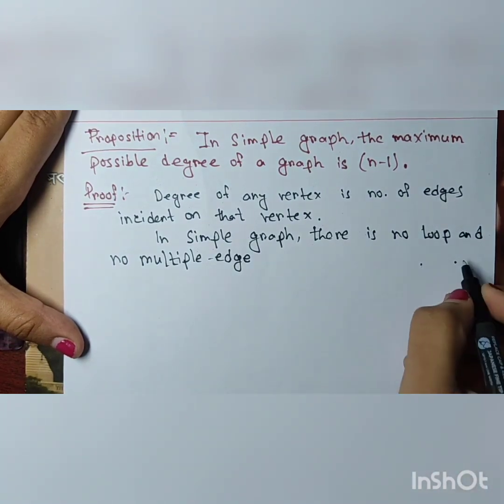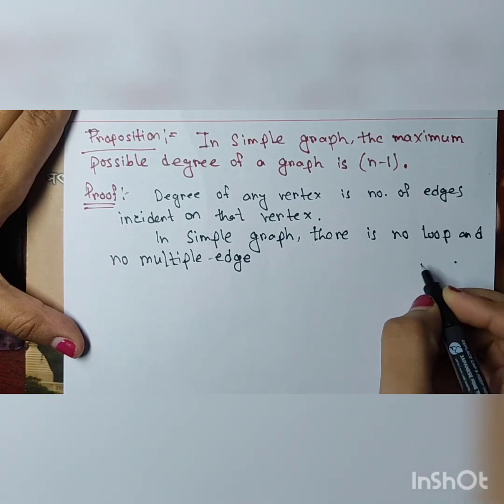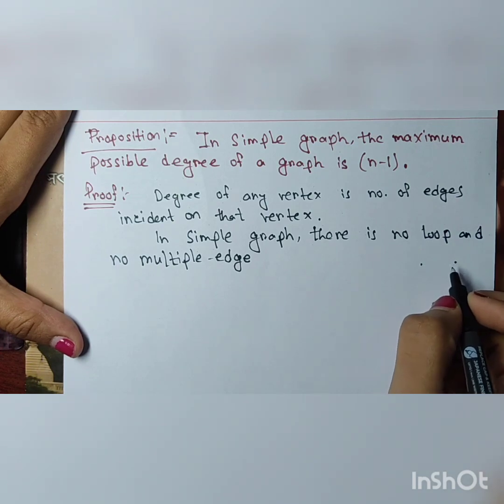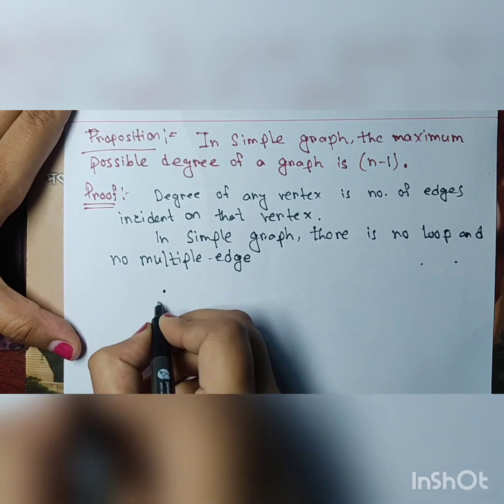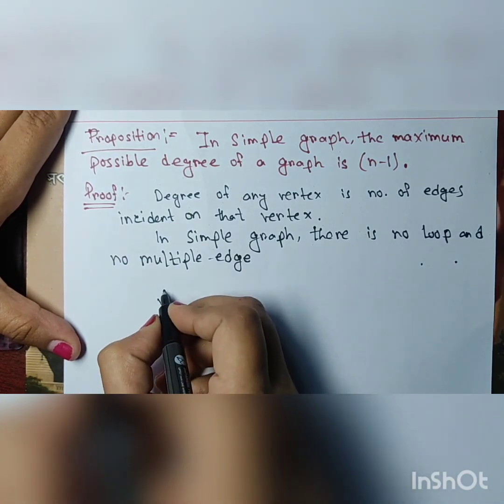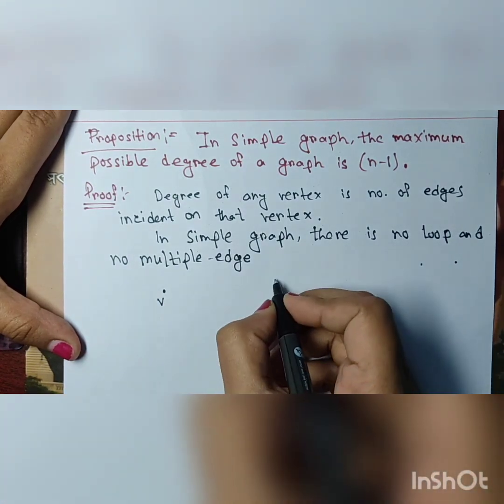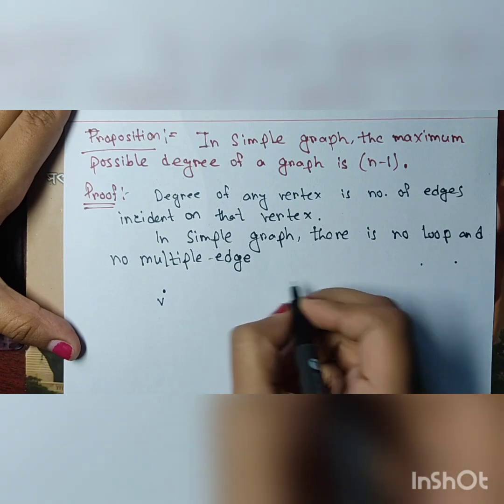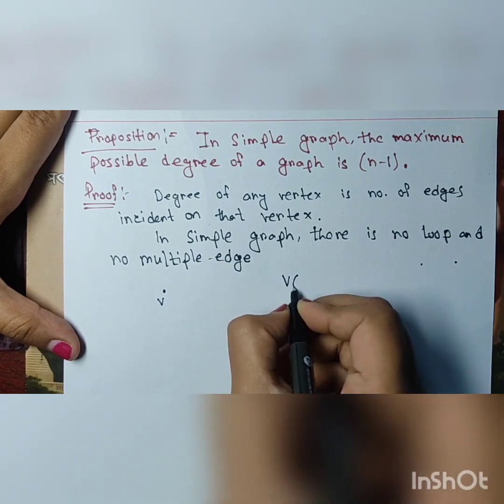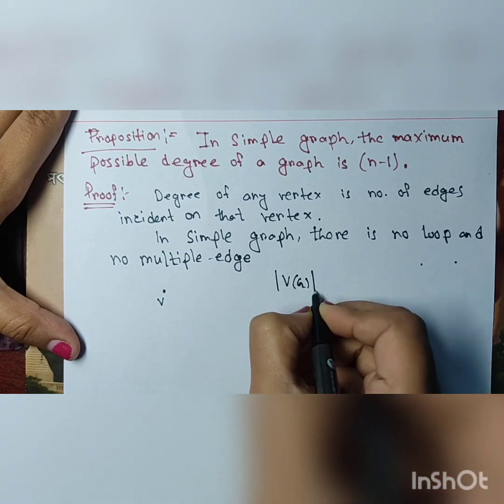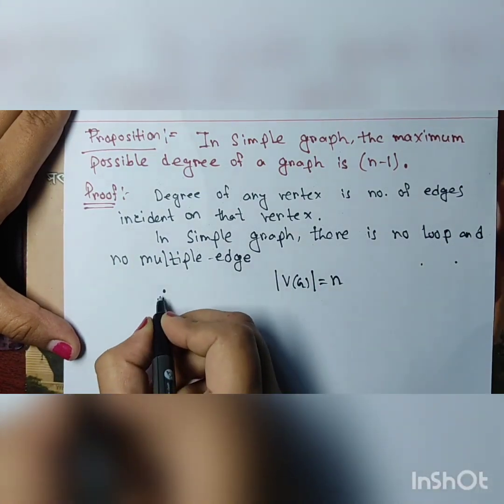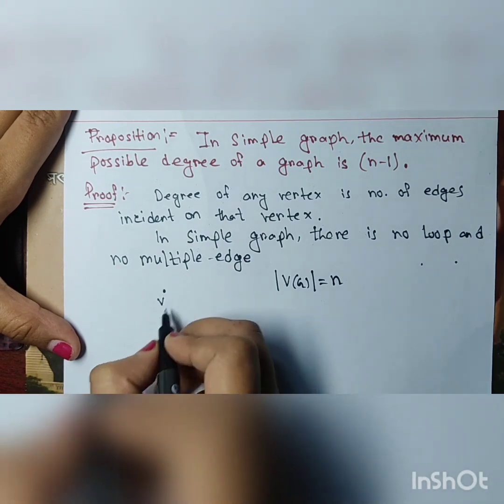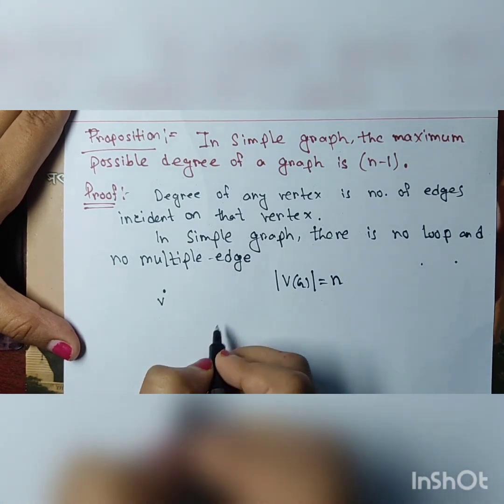There can be no edge also, but if there exists some edge, then the number of edges can be maximum 1. Okay, so for any vertex v in G, let the number of vertices in G be n. So the cardinality of the vertex set of G is n. Then for any vertex v, except this v, there are n minus 1 other vertices.